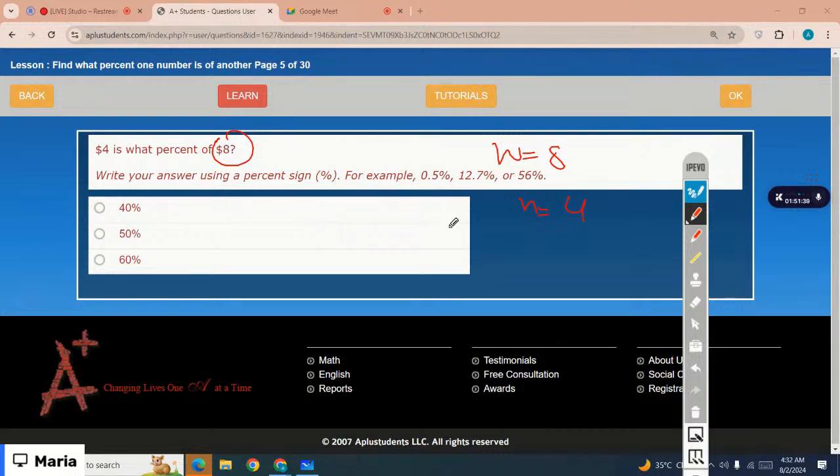So you need to make a proportion, that is n divided by whole number equals percent divided by 100. n is the part, that is 4 over 8, and then p you have to find, what percent it is. That is 50%. The correct option is 50%. That means 4 is 50% of 8. Got it?